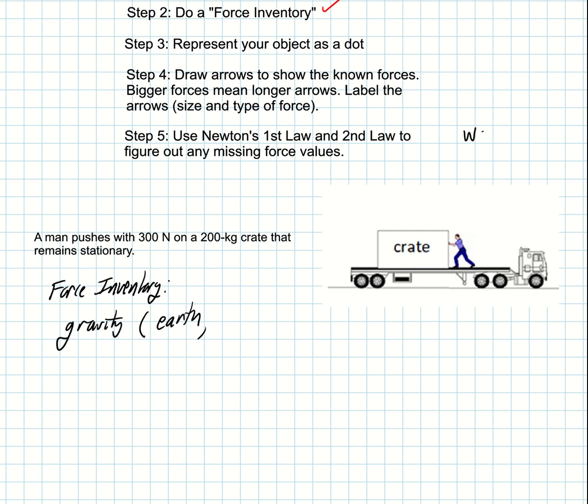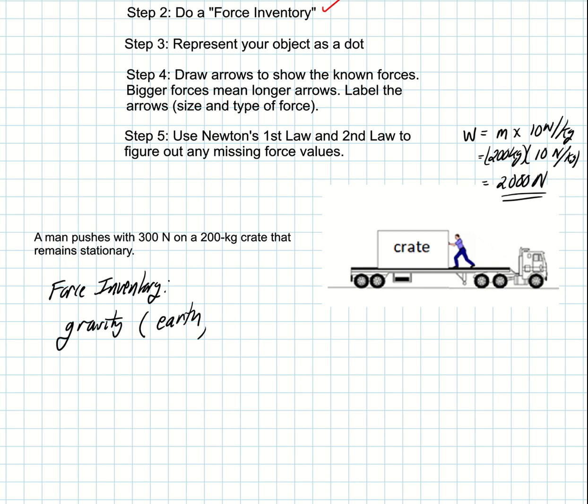The weight of this object is going to be its mass times 10 newtons per kilogram. So what is its mass? It's given in the problem, 200 kilograms. And then we multiply that by 10 newtons of gravity force for every kilogram of mass, and that's going to be 2,000 newtons. Okay, so what is that in pounds? That's going to be like 400 pounds.